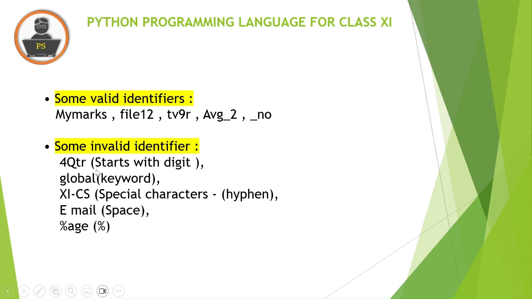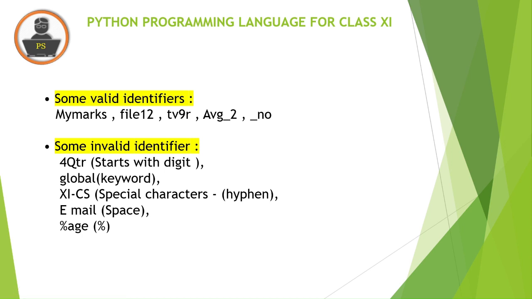Suppose we have taken any identifier as numbers and then alphabets, then it is not valid. Start with digits, here first one starts with digits, then it is not valid. Global, it is a keyword. A special character hyphen is being used, so it is invalid.